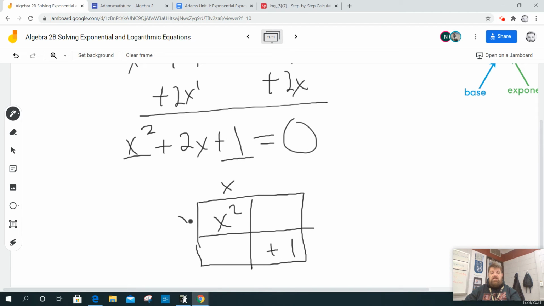X times x gives me x squared. And guess what? Positive 1 times positive 1 gives me a 1 here. 1 times x is just a positive 1x. And 1 times x gives me a positive 1x. If I combine like terms, 1x plus 1x does in fact equal 2x.